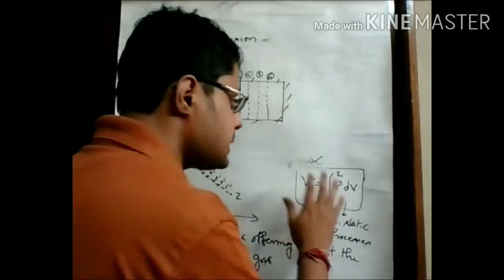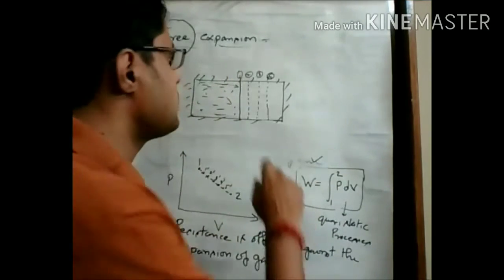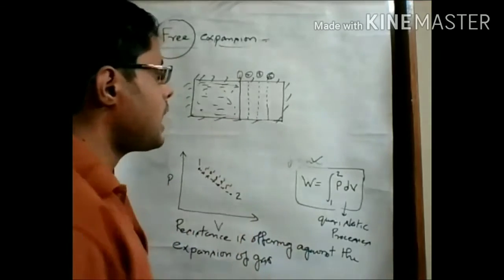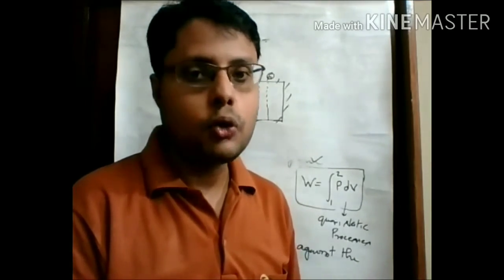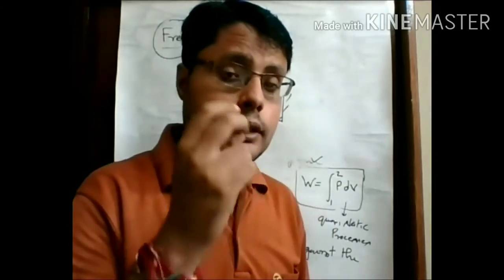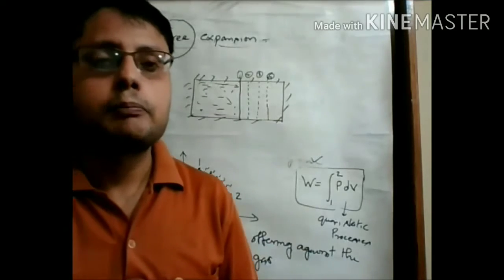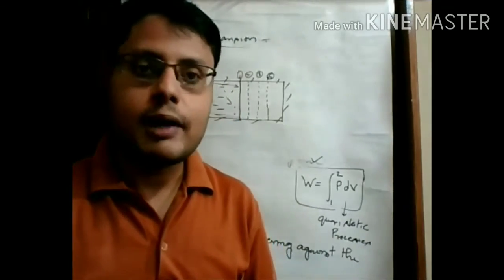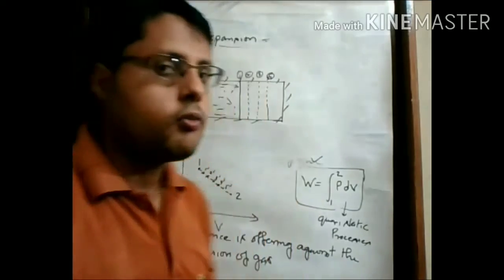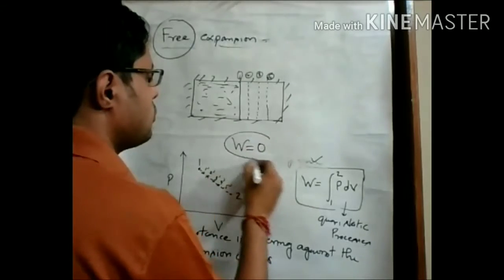We can use these intermediate stages, but the other fact is that since this expansion is against the vacuum, there is nothing against the expansion process. There is nothing against this gas expansion. So that's why in a free expansion, the work done is equal to 0.